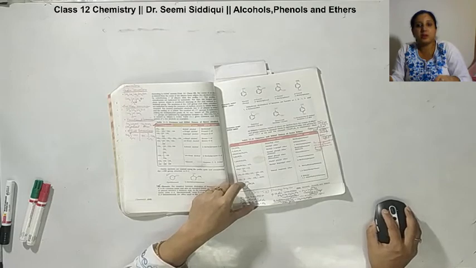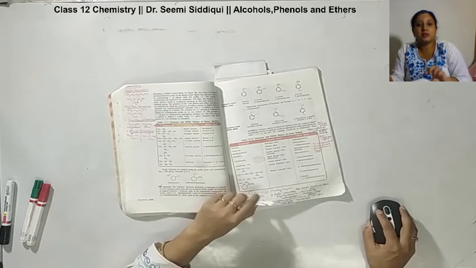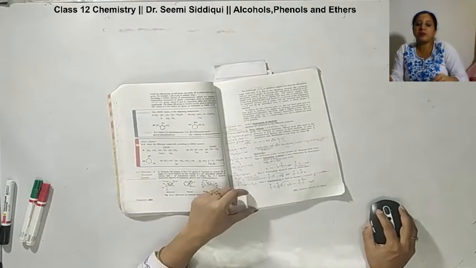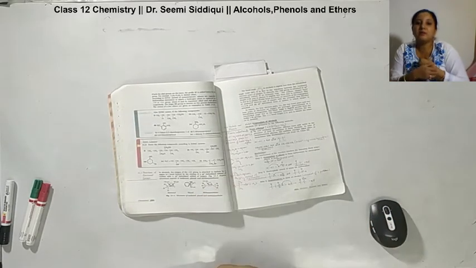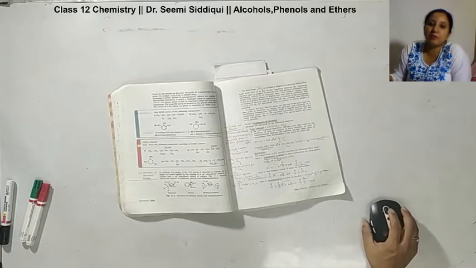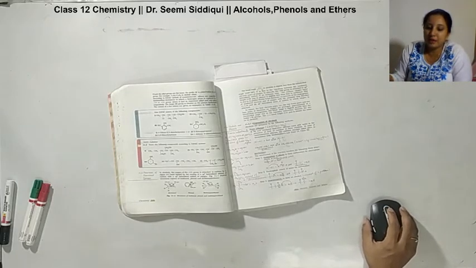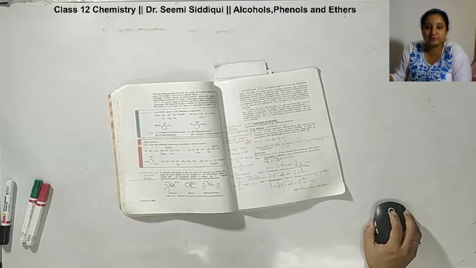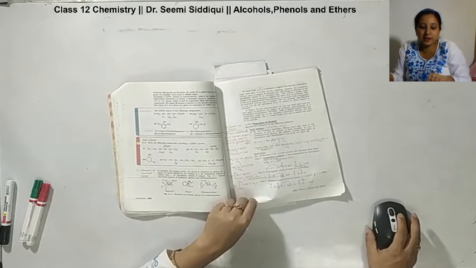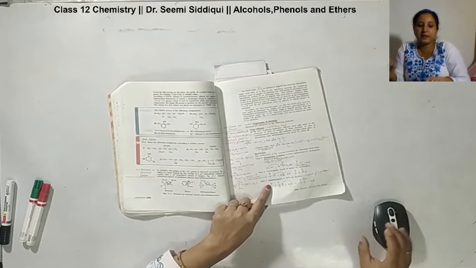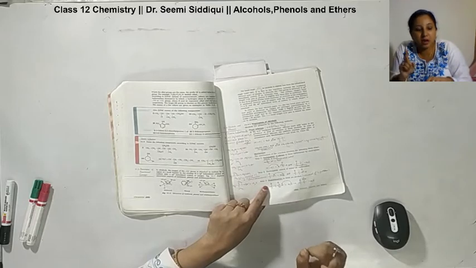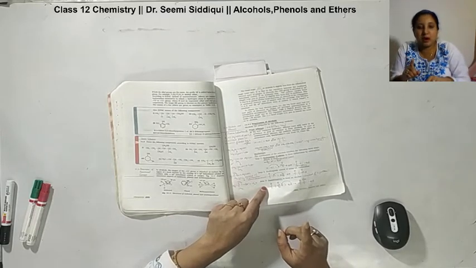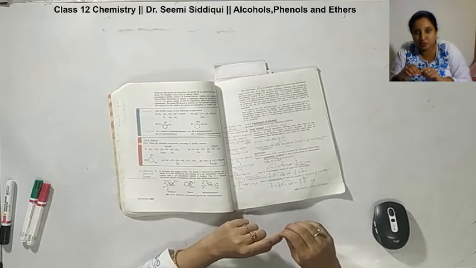Okay, now moving ahead, we discussed the preparation of the alcohol. In the preparation of alcohol, we have preparation from the alkenes, where we said that it is going to be an addition reaction. Besides addition, if it reacts with a haloalkane, in primary or secondary, the substitution reaction is going to take place.